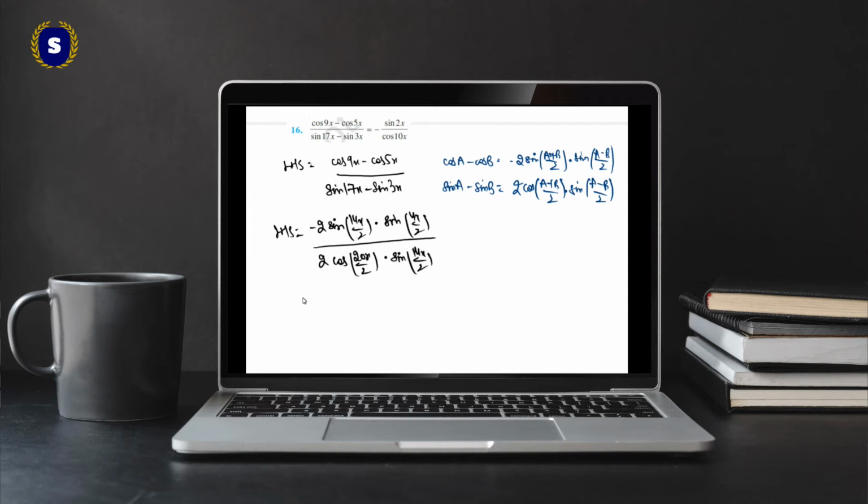So it will be forming minus 2 sin 7x sin 2x upon 2 cos 10x into sin 7x.